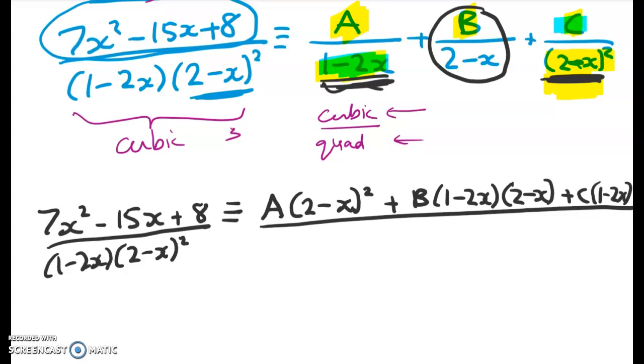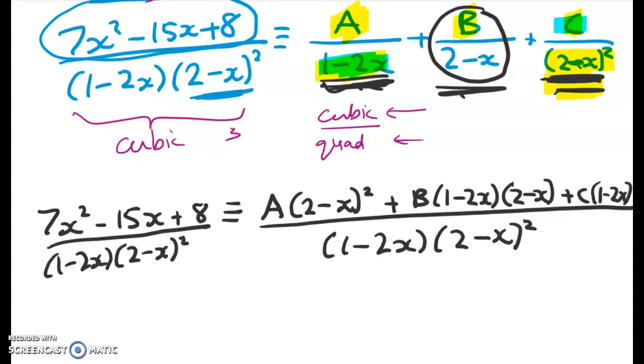Okay, so what we're doing here is we're getting a common denominator out of these 3 bits. So that common denominator is going to be (1 minus 2x) times (2 minus x) squared. So just going over why we're cross multiplying what we are, we've got the a here, it's already over the 1 minus 2x, so it needs to be multiplied through by this bit here.